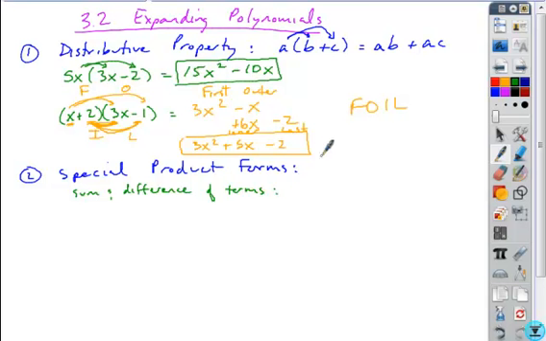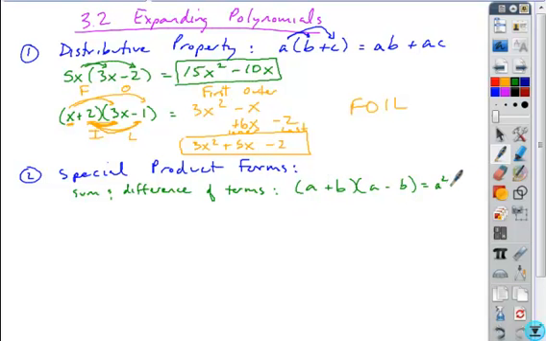When you apply the sum and difference of terms, what that means is if you took the sum of two terms and you multiplied by the difference of those same two terms, so A and B, only the opposite sign between them, that always expands into, if you were foiling here, we would see that we get A squared, the first.